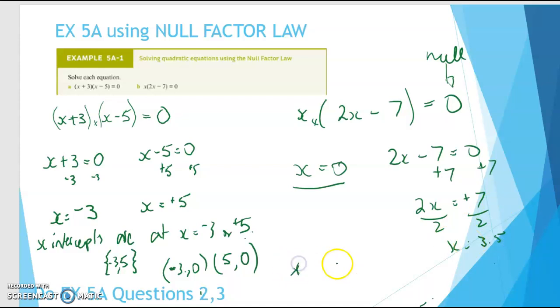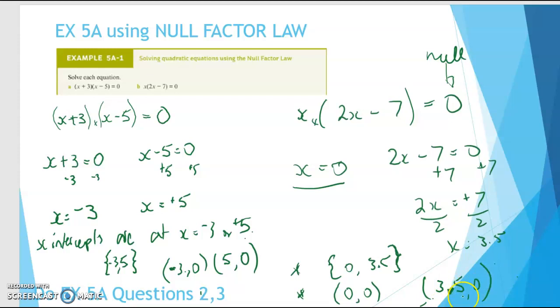So we have the x-intercepts either at 0, 3.5 in curly brackets, or we could write them as coordinates of points: 0, 0 and 3.5, 0.